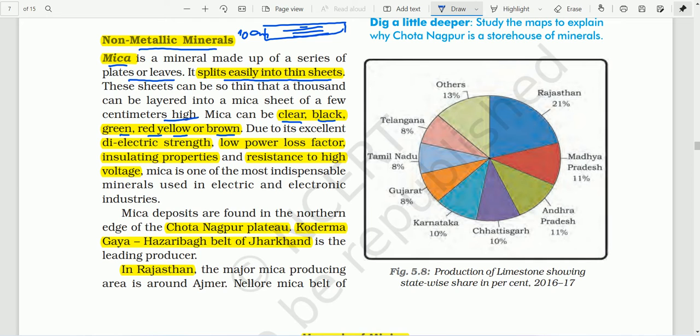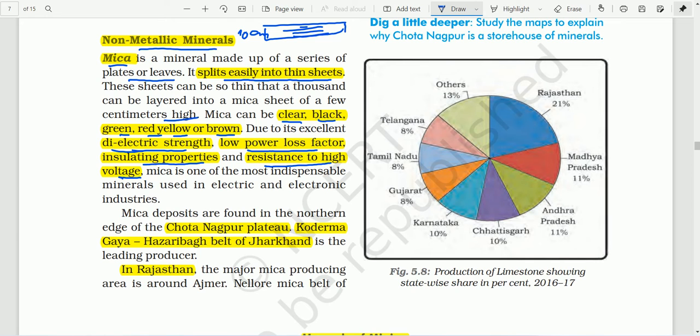Okay, and about the properties of mica, due to its excellent dielectric strength, low power loss factor, insulating properties, and resistance to high voltage, mica is one of the most indispensable minerals used in electric and electronic industries. So dielectric strength, dielectric means actually insulating material or a very poor conductor of electric current, or negligible thermal conductivity.